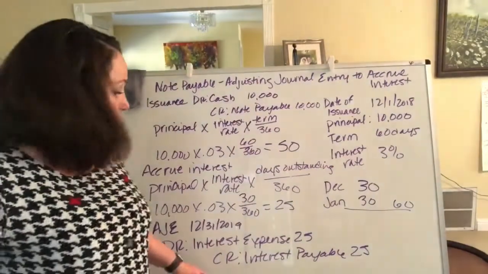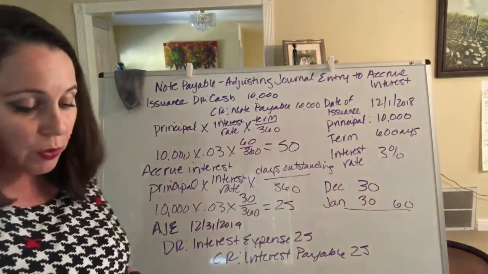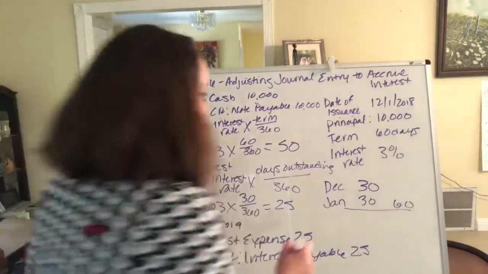So we're going to debit interest expense, credit interest payable for $25, and that is our 2018 interest.